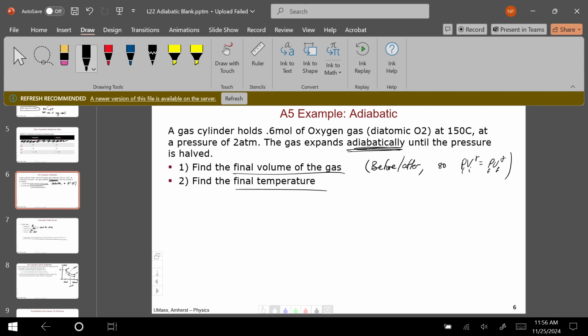Actually, let me quickly peek at my... Okay, so we are told how much the pressure changes, and we're asked about the volume. So this is probably a pretty good formula because it involves both the variable that's being changed and the variable that we want to find. So I'm just going to copy down that equation.